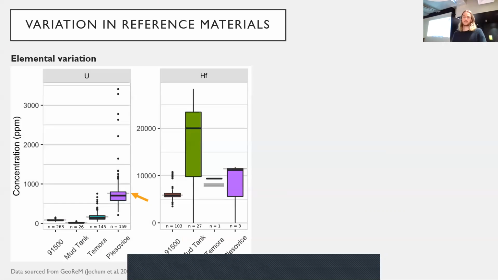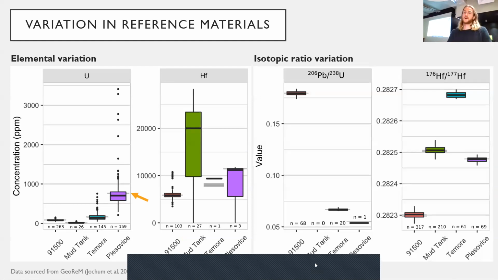The accepted value is that grey bar with the orange arrow behind each box plot. You can see that there's variation in almost all of them outside of that accepted value. And that's the same for isotopic ratios. People report, although the variation is less, which is good, but there's some variation. So that variation might be the result of inherent heterogeneity in our reference materials.